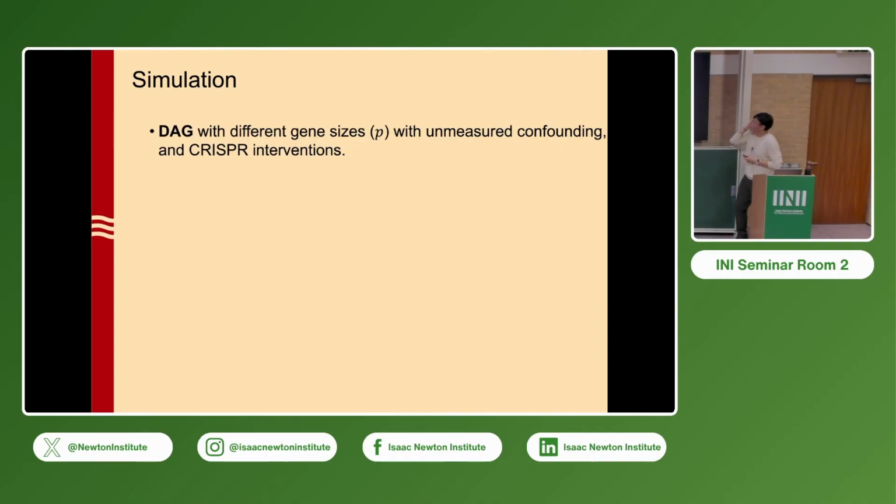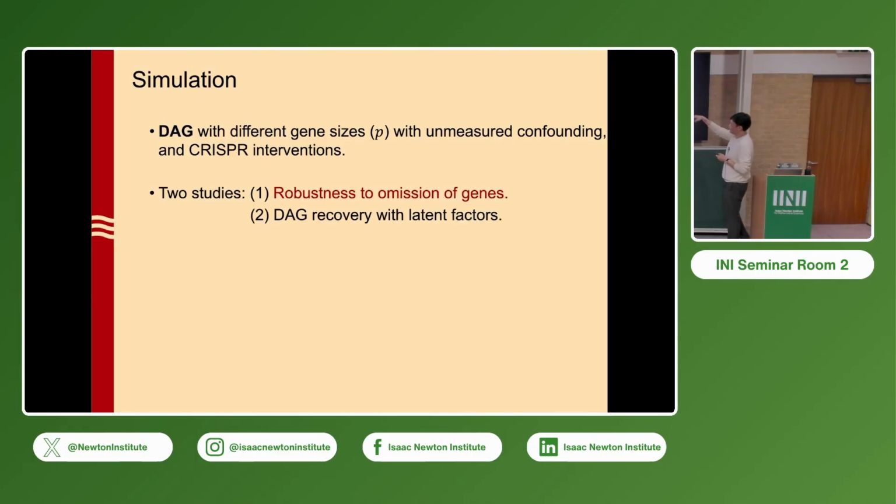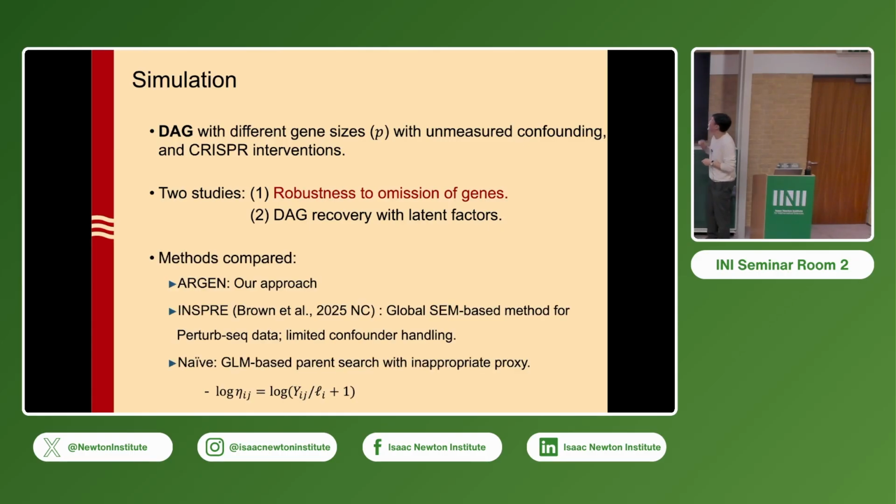So we did a simulation setup. We built a DAG with different sizes of genes, with unmeasured confounding and CRISPR interventions. In our paper, we did two types of study: one was robustness to omission of genes, and the other was DAG recovery with latent vectors. But for this talk, I'm going to talk about only this one.